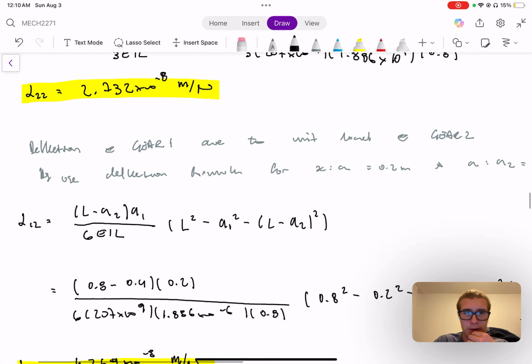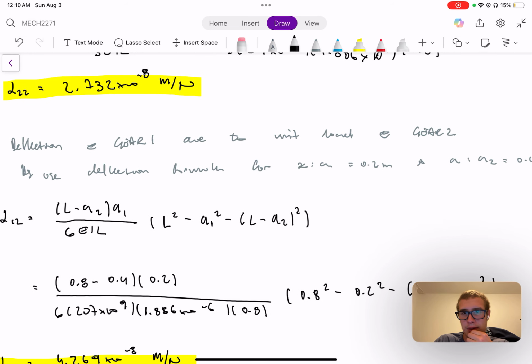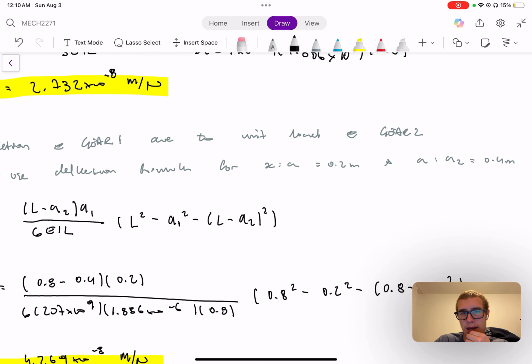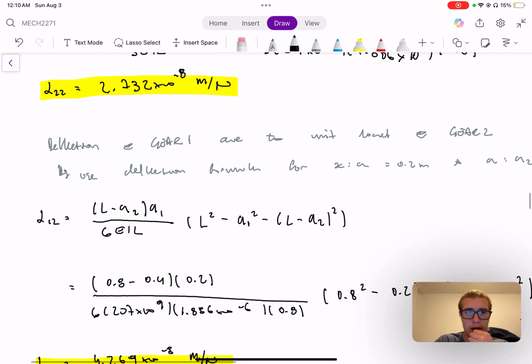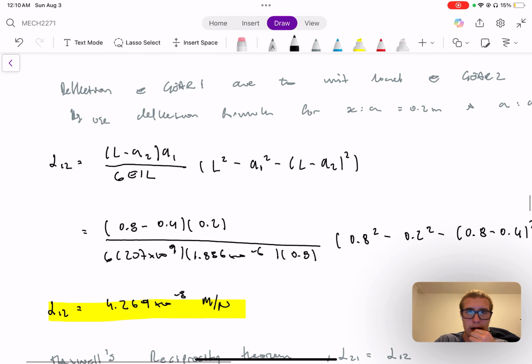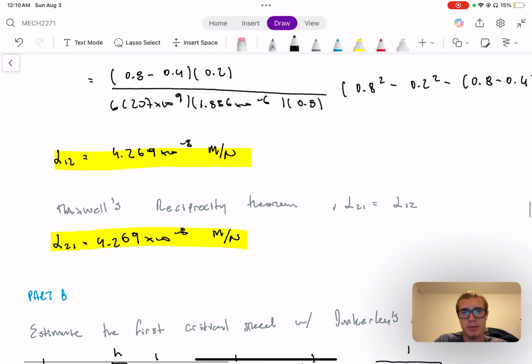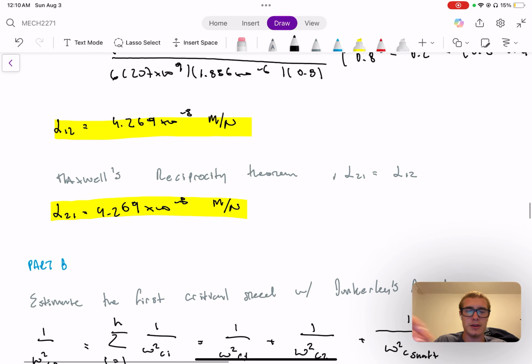Use the deflection formula for x, where a1 equals 0.2 and a2 equals 0.4. Plug in all those values, and you get alpha 1 2 is 4.269 times 10 to the minus 8, and by Maxwell's reciprocal theorem, these two are equivalent. So those are our answers for part A.